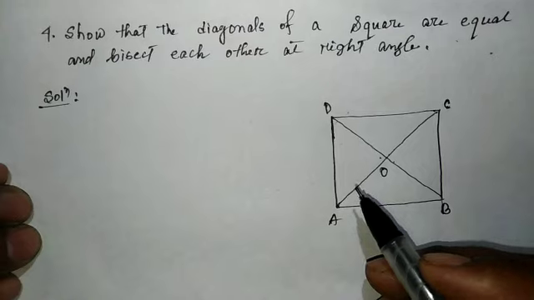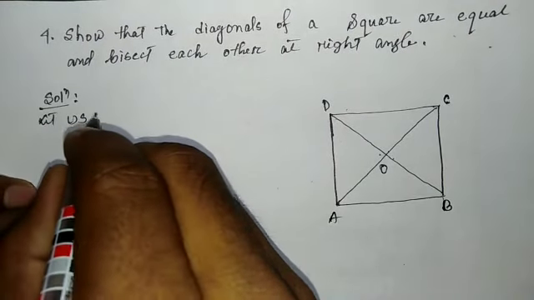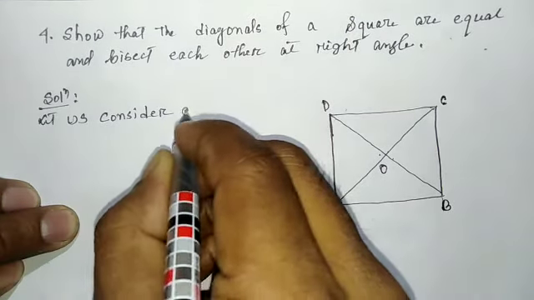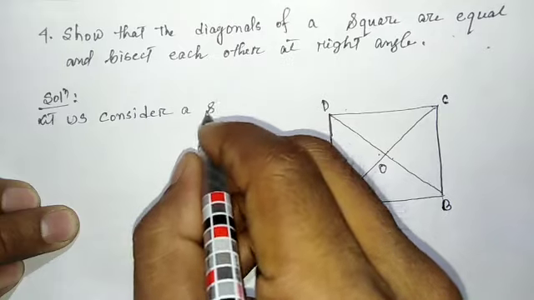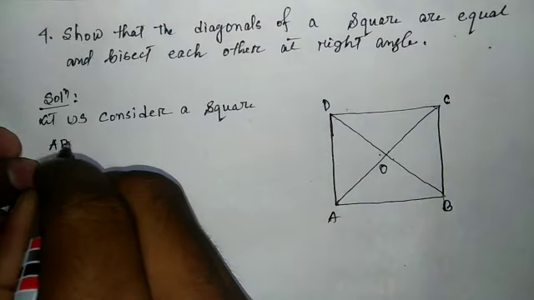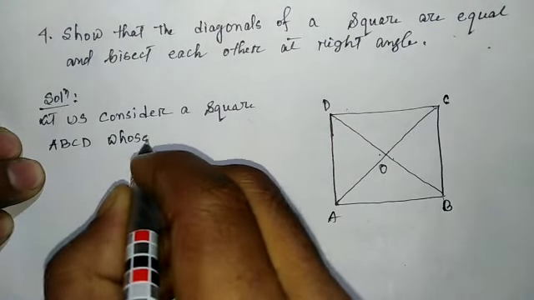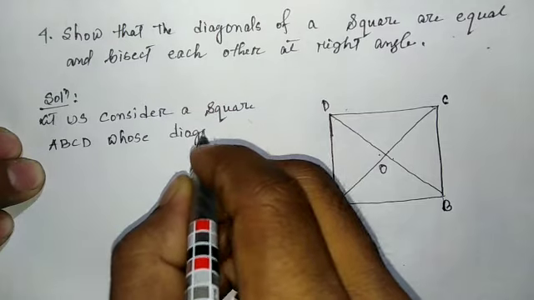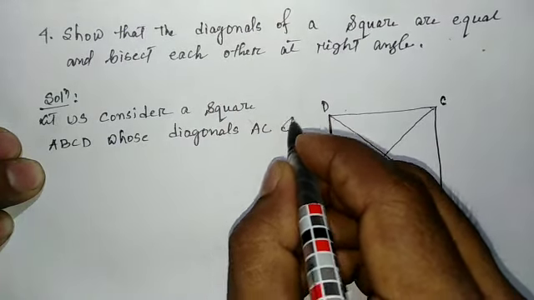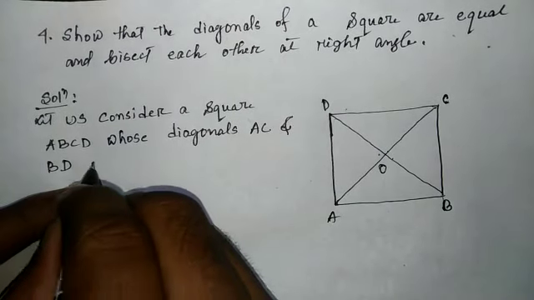So first of all, let us consider a square ABCD whose diagonals AC and BD intersect.